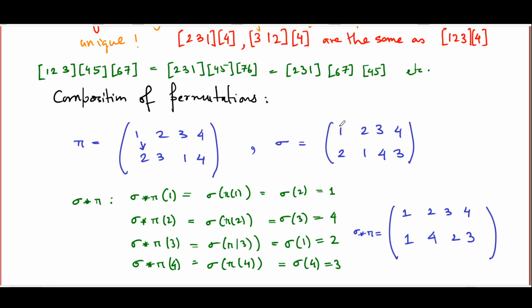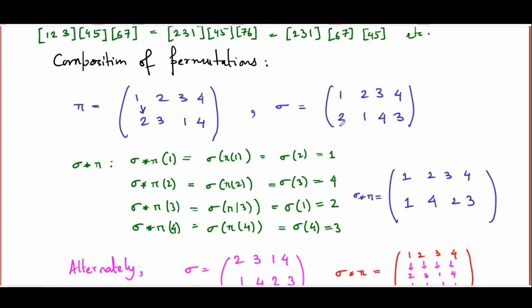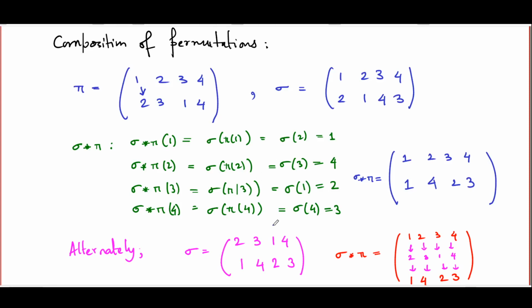So, an alternative way of writing down sigma would be, I take 2, 3, 1, 4 and say where they map. So 2 of course maps to 1 here. The same thing happens here. 3 maps to 4. So here also 3 is mapping to 4. 1 maps to 2 in sigma. That's exactly what this says. And 4 maps to 3. That's exactly what this says again. So it's obvious that this is exactly the same permutation as this one. It's just another way of writing down sigma.